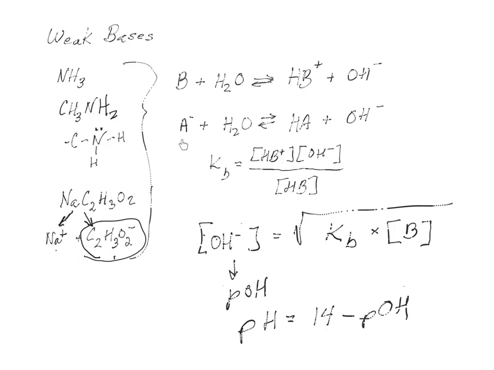Or if we have the conjugate base of a weak acid, an A-, doing the same thing to the water, picking up its hydrogen again to become the original weak acid and producing OH-. In either case, we're going to have our hydroxide ion and what other conjugate was with it, with the original amount of our base here.